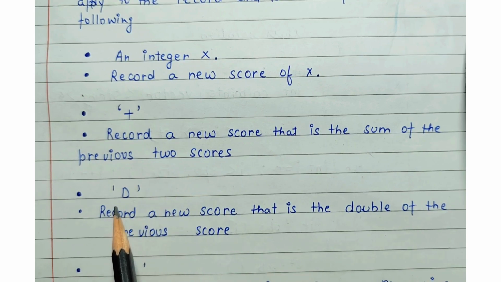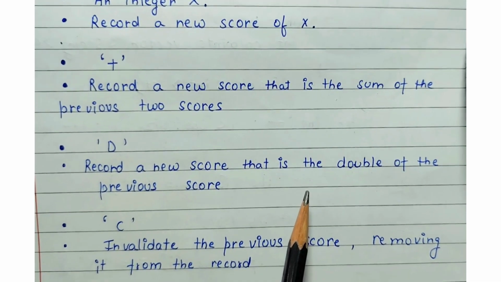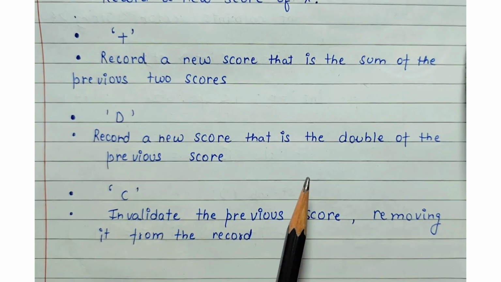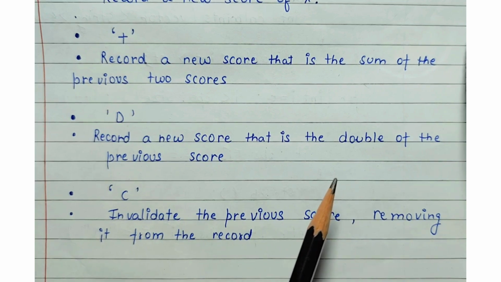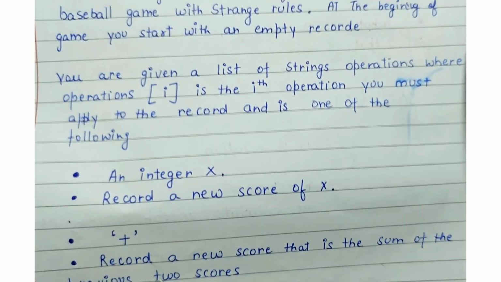Rule number 3 is if the character D comes, then record a new score that is the double of the previous score. And rule number 4 is if the character C comes, then invalidate the previous score and remove it from the record.